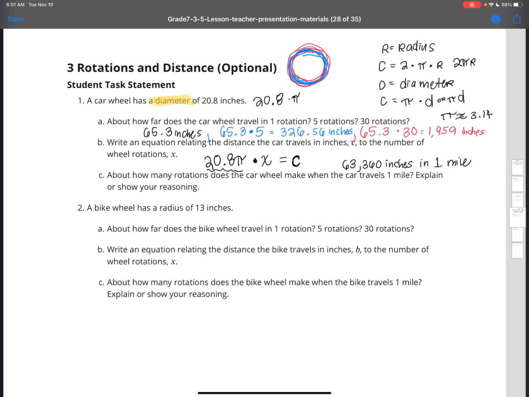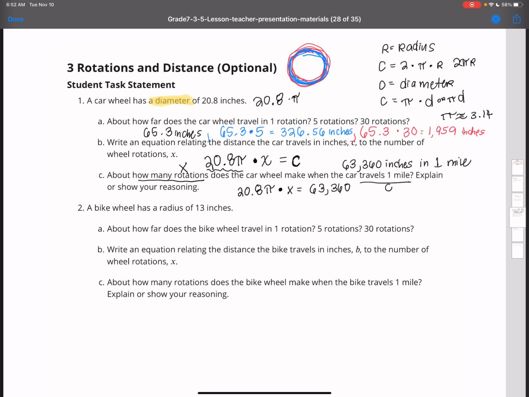Let's say it gives us a given distance, and what's missing is how many rotations, which would be X, and what is given to us is C. So we'll do 20 and 8/10 times pi times X is equivalent to 63,360.